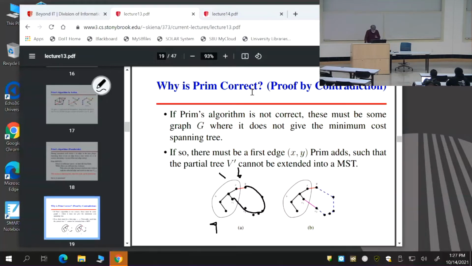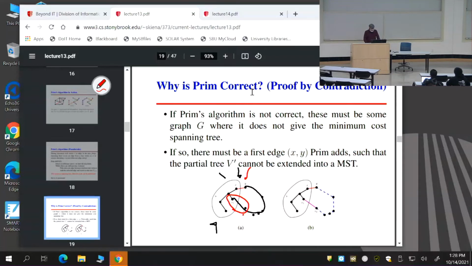And you tell me that this was the minimum spanning tree? Note that this edge over here was an edge that crossed from outside the tree to back inside the tree, to a vertex that was in the tree at that point. Such an edge has to exist.